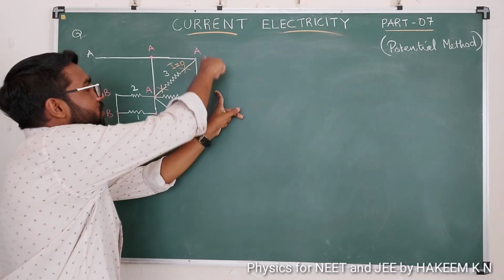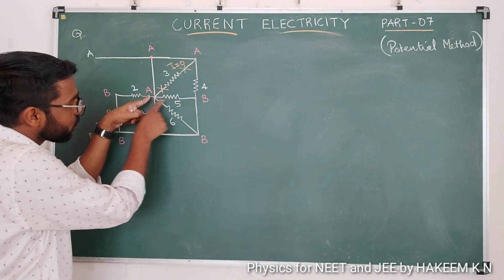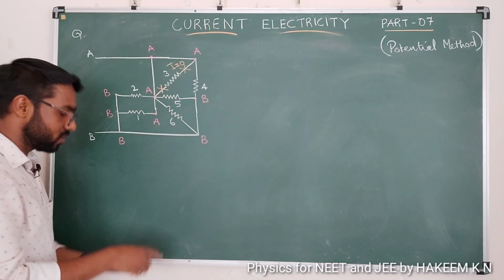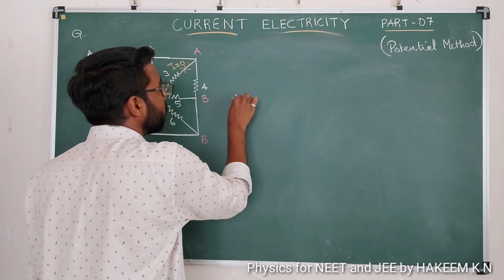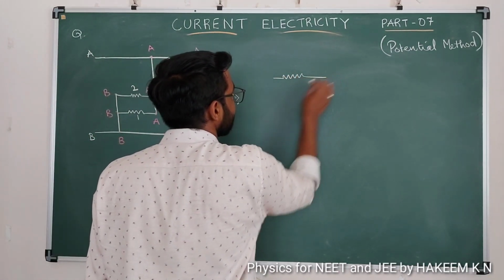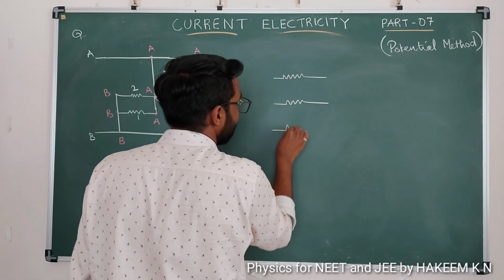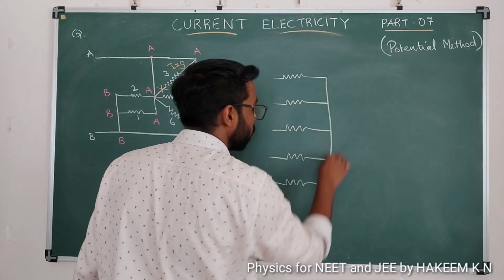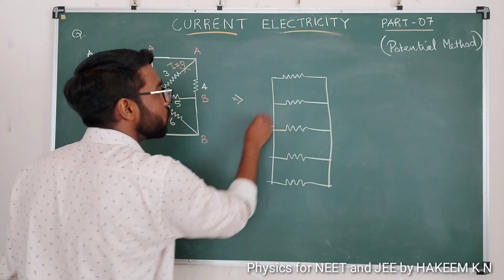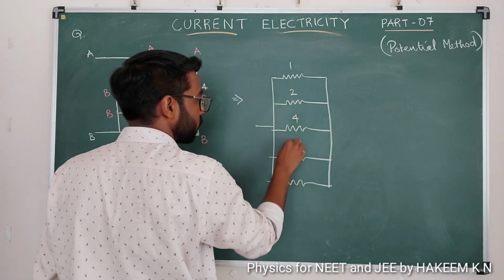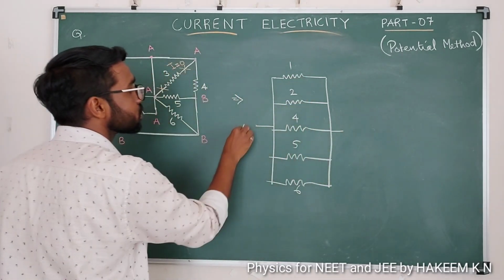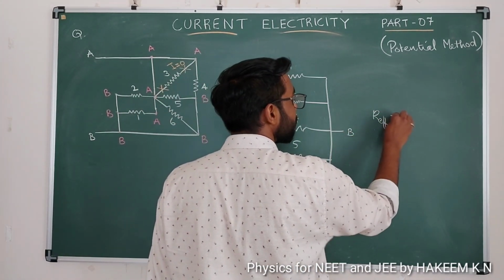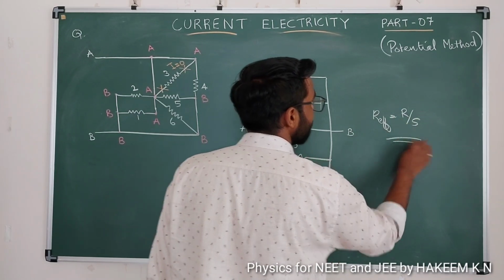Fourth resistor, one end at A, the other end at B. Fifth resistor, one end at A, other at B. Sixth resistor, one end at A and the other end at B. So when we draw the equivalent network, we will get 5 resistors in parallel, no need of including the third one: 1, 2, 4, 5, 6. These resistors are parallel between A and B, and all are identical, so R by 5 is the answer.